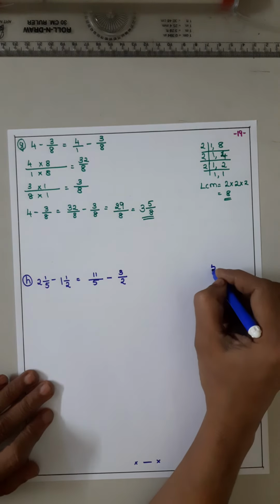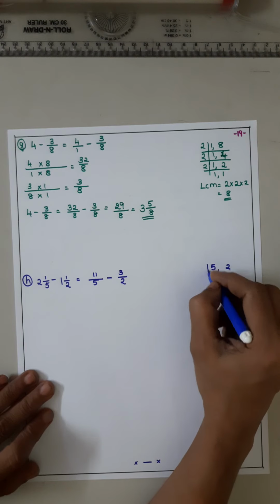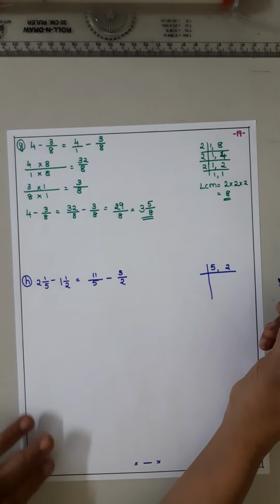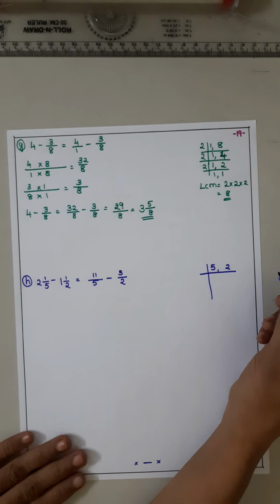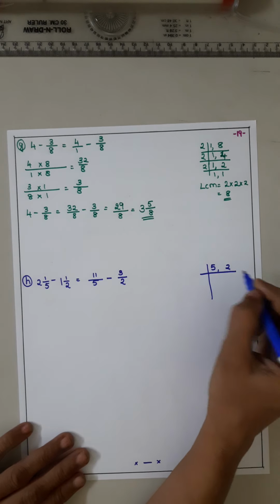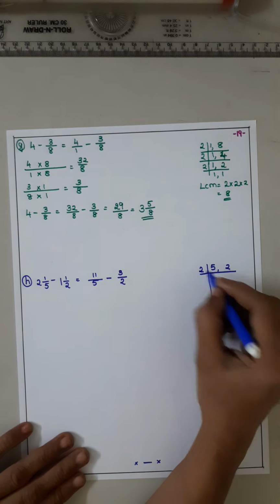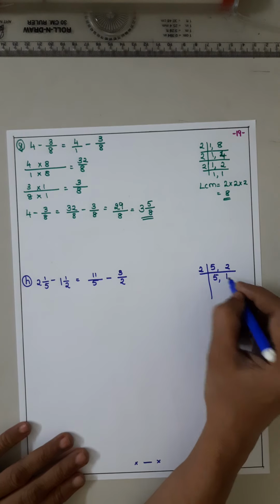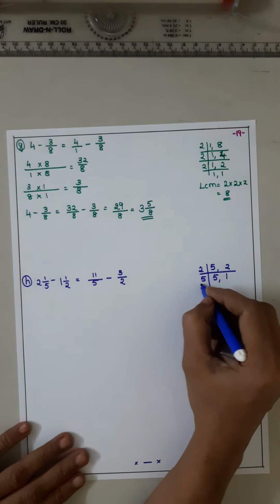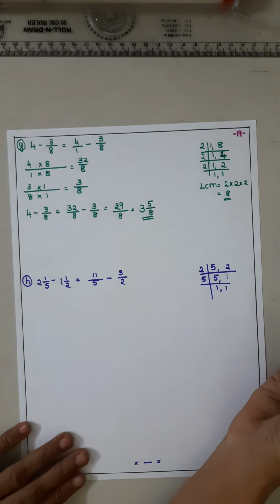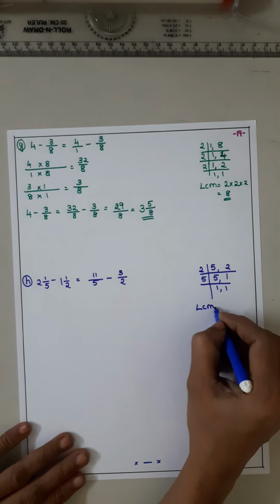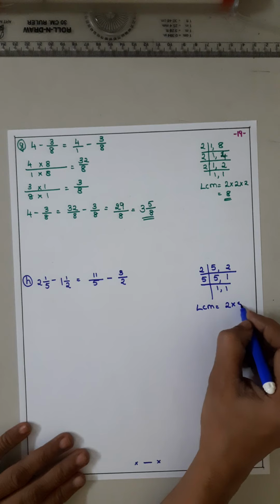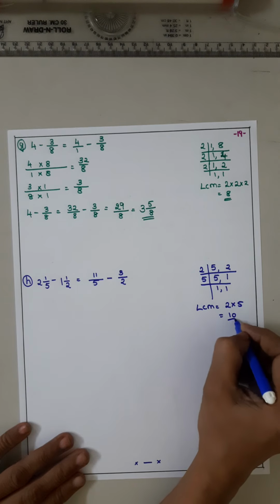Now 5 and 2. अब ये आएगा 10. कैसे? 2 5 ones are 5 ones are ones are. LCM is equal to 2 5s are 10.